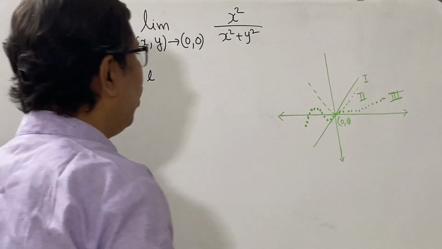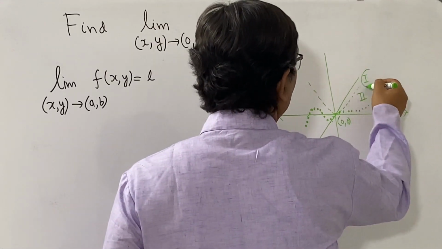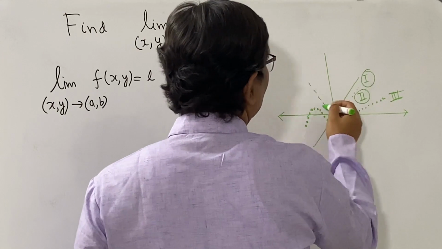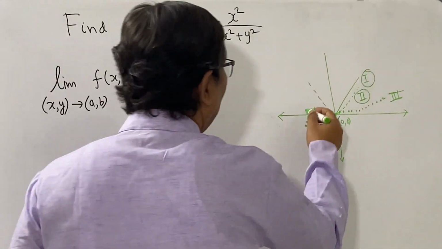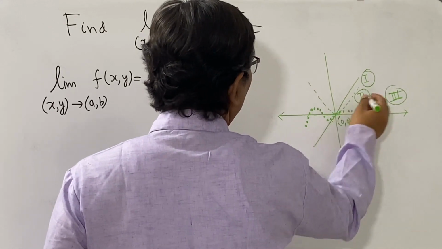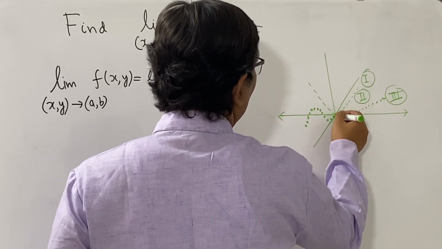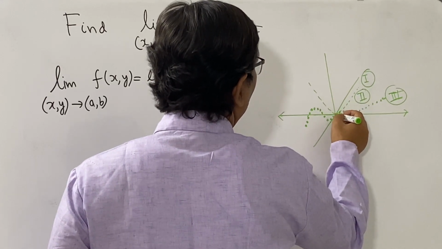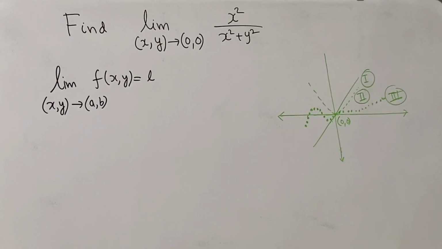So no matter whether we are following path 1, which is this straight line, or path 2, which is this parabola, or this more complicated path 3, whenever the value of (x, y) is close to (0, 0), the value of f(x, y) should be close to L. That should happen if the double limit exists.